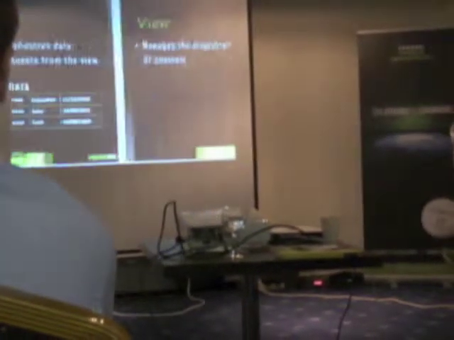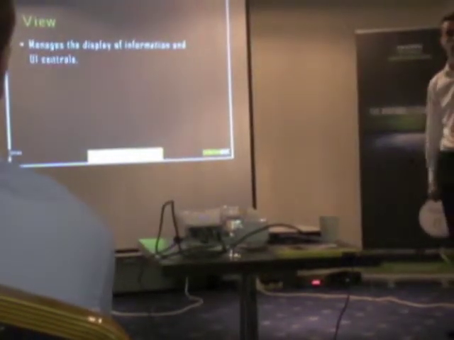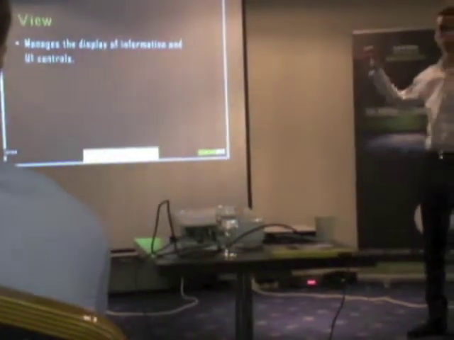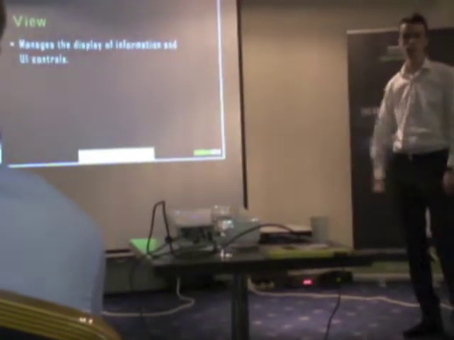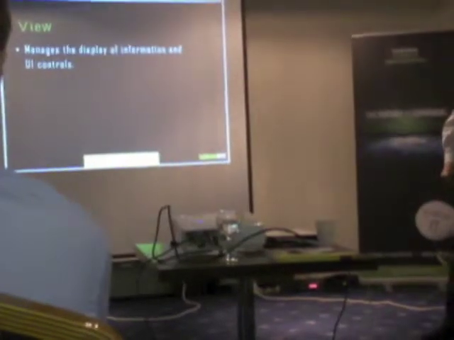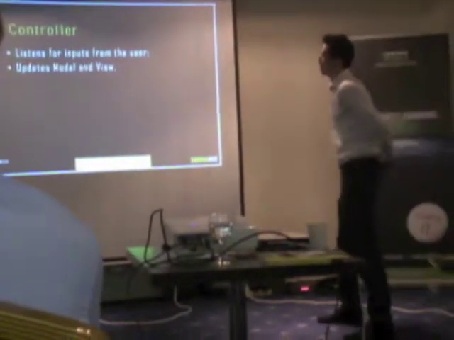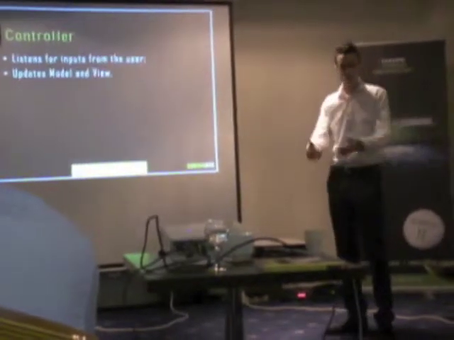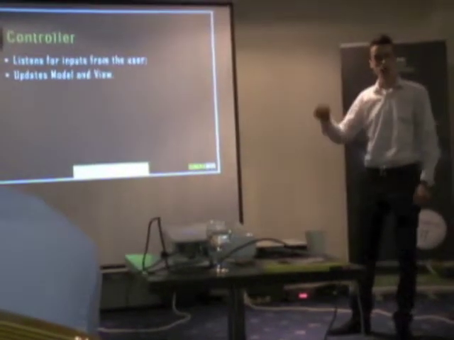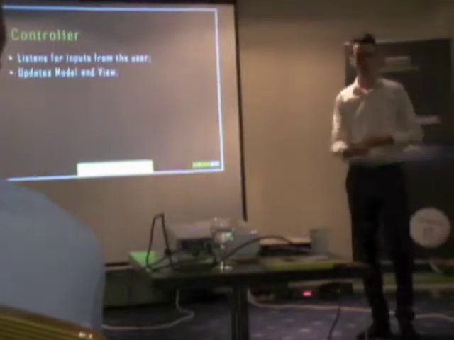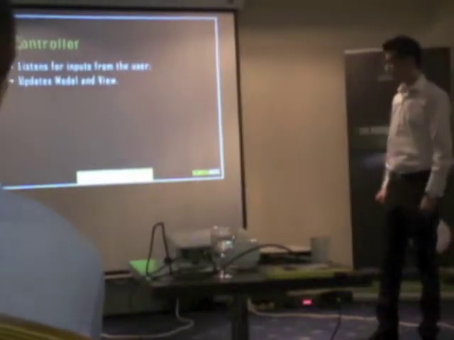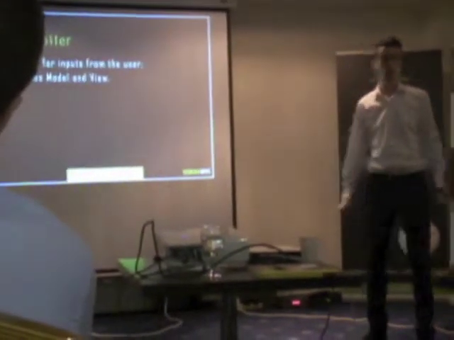Moving forward, the view manages and displays user information. Those are actually the buttons, the forms, the lists, and so on. Controller, listening for input from the user. You can imagine a controller: when the user presses something, the controller responds, updates the view, or makes some synchronization actions.